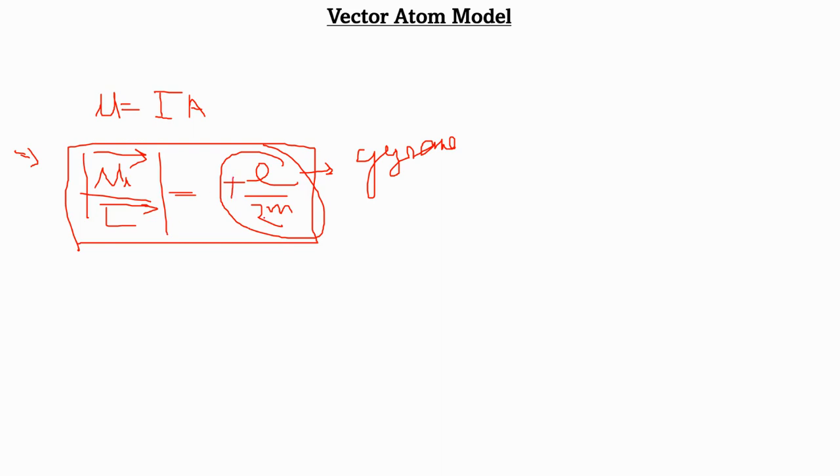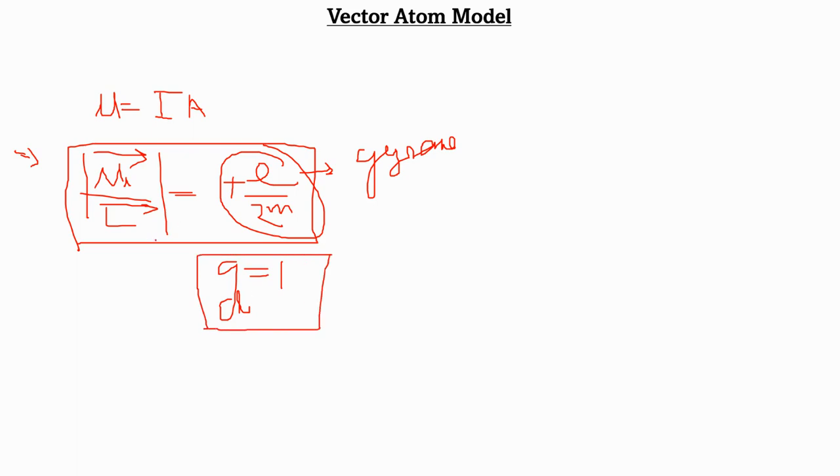So this is known as the gyromagnetic ratio, e by 2m. Here there is another factor, the orbital g factor, which is equal to 1.